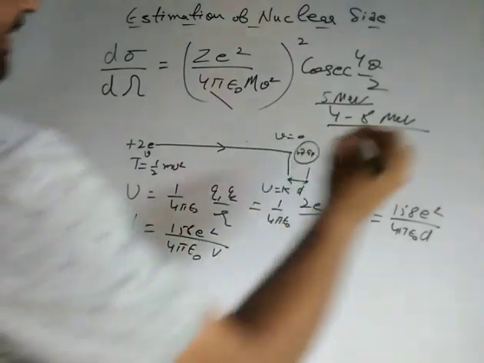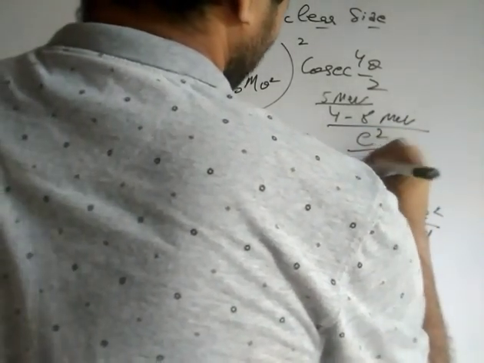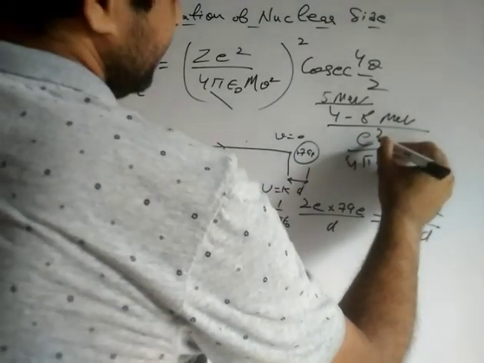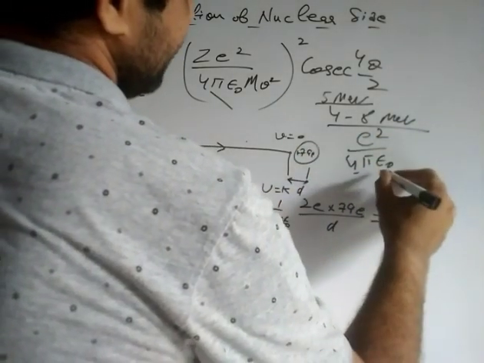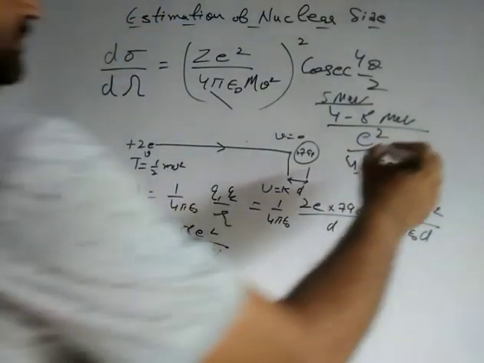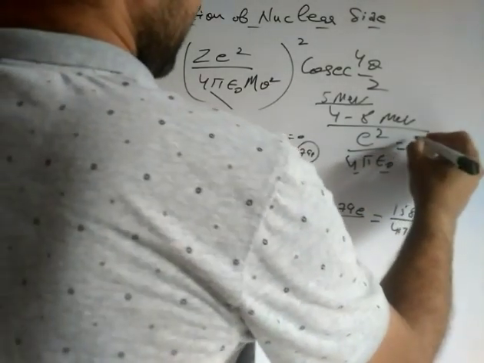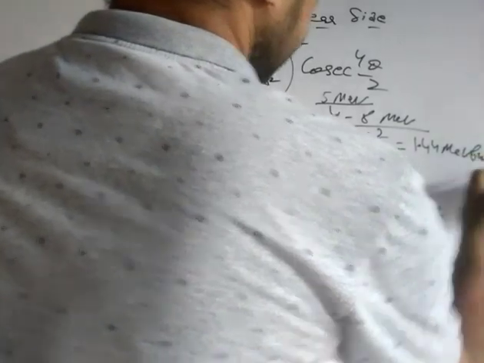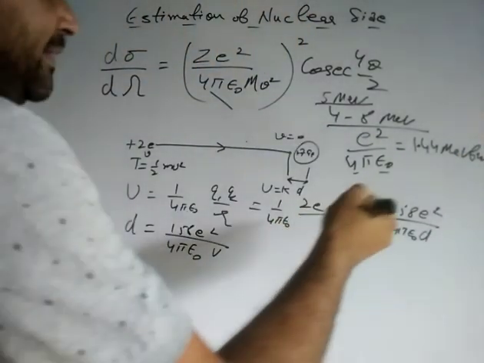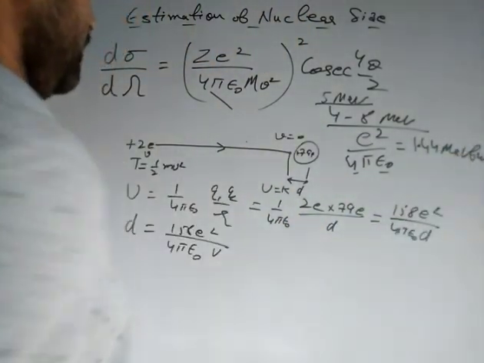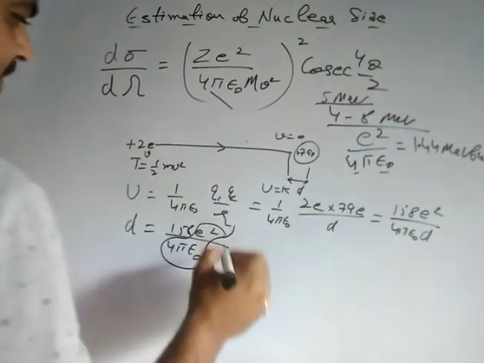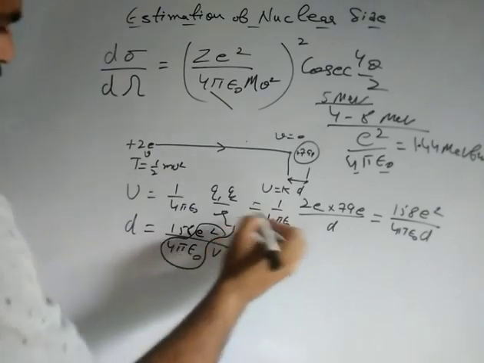Now this quantity e square upon 4 pi epsilon naught is a constant, because the charge on the electron is constant, 4 pi is constant, and the permittivity of free space is constant. When you calculate, this value comes out to be 1.44 mega electron volt femtometer. You will use this constant value many times in your nuclear physics course. Now U is 5 mega electron volt, so you put the values.